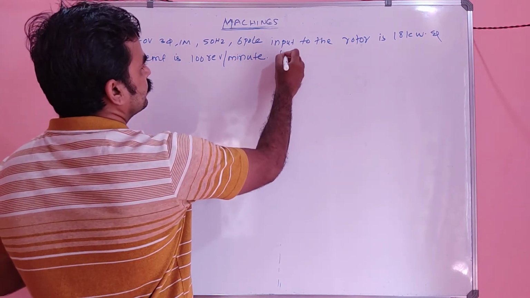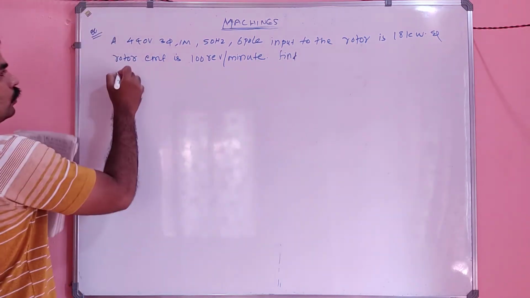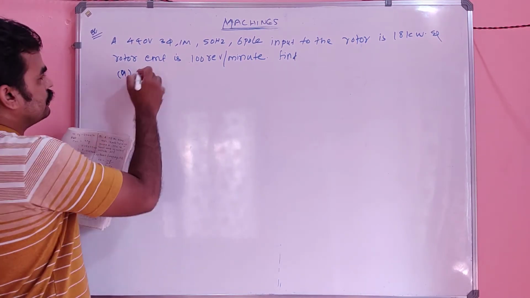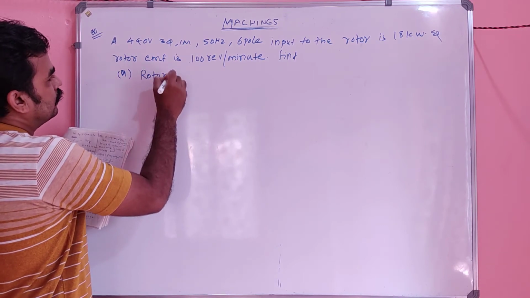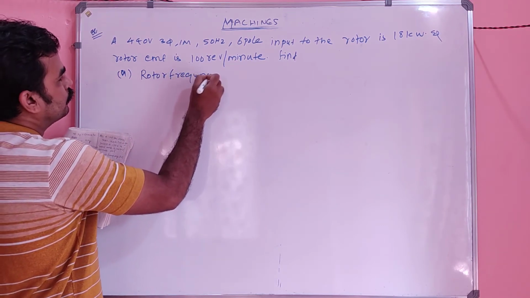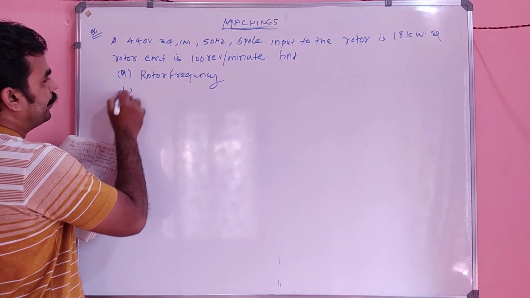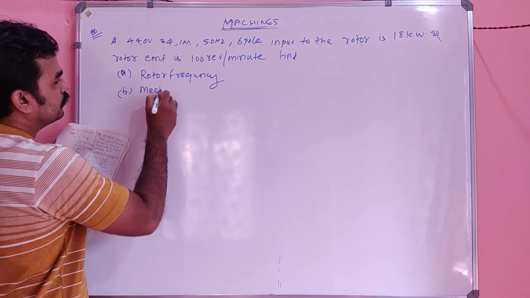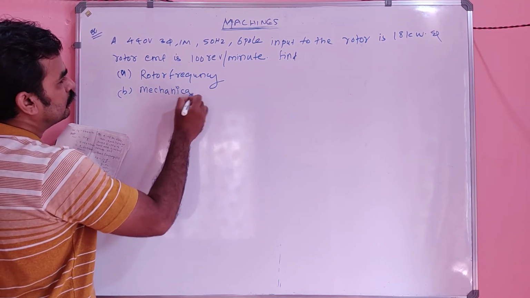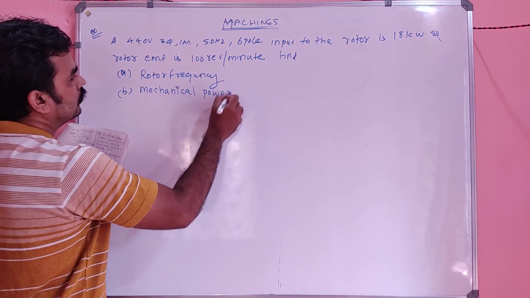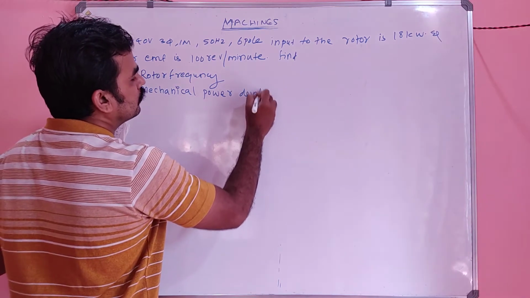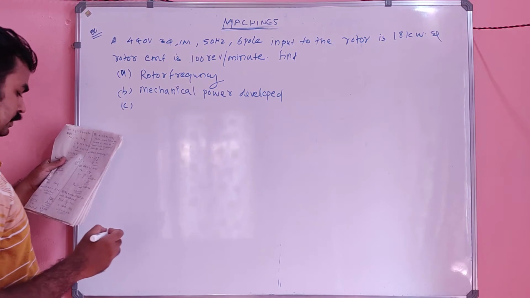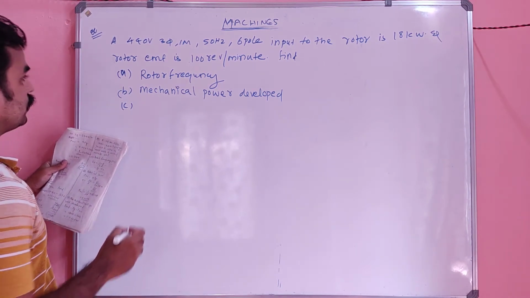Find A, rotor frequency; B, mechanical power developed; and C, rotor copper loss.